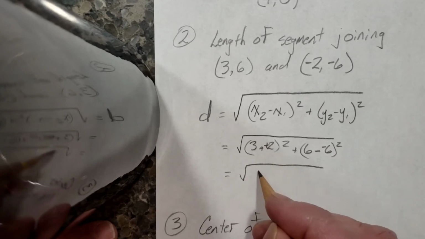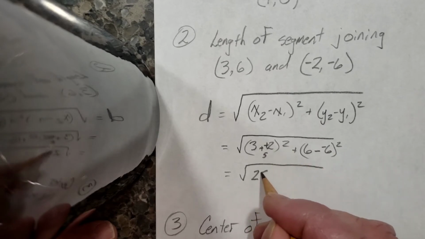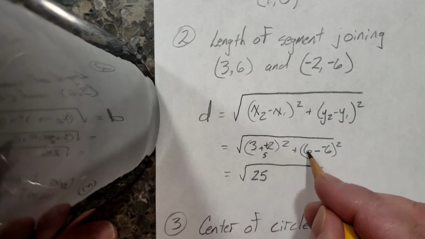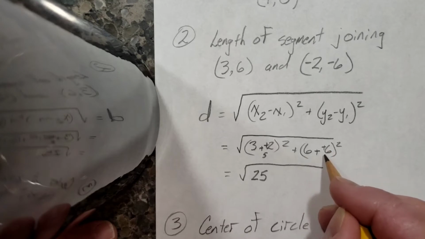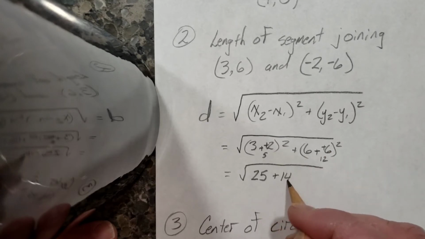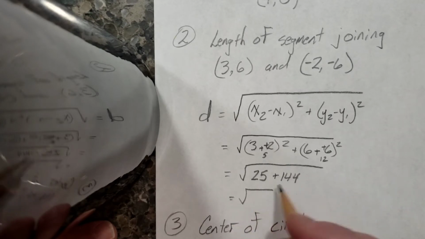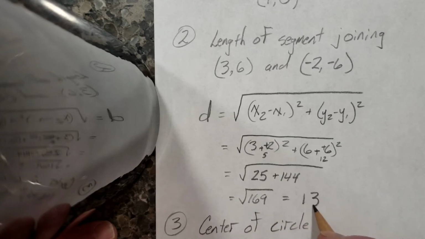So I have 3 plus 2, which is 5. 5 squared is 25. Again here, same, change. 6 and 6 is 12. 12 squared is 144. The square root of 25 plus 144, that's 169. That comes out to be 13. So your distance is 13.